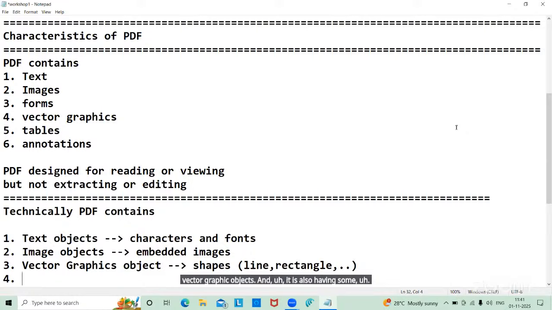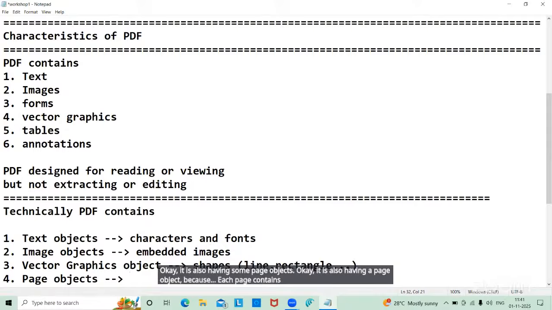It also has page objects, because each page contains some information and some properties. When we talk about page objects, they contain properties, like the page has a width and a height.